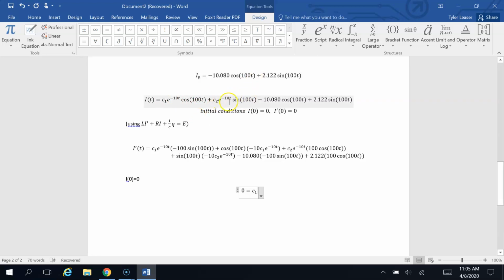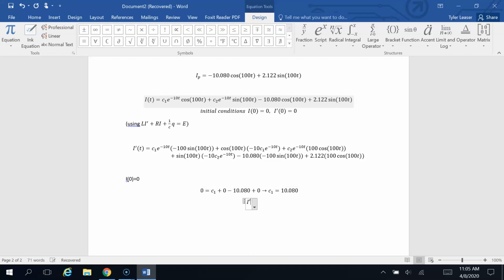Plugging 0 into here, I get 0 because of the sine. If I plug 0 into here, I get that negative 10.080. If I plug 0 into here, I get 0. So all of this just to say that my C1 is going to be positive 10.080.